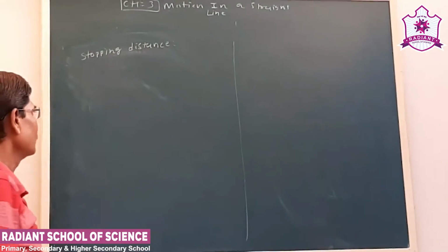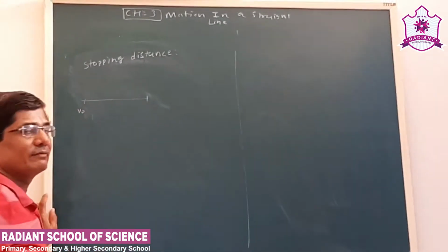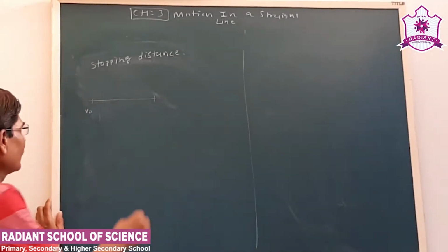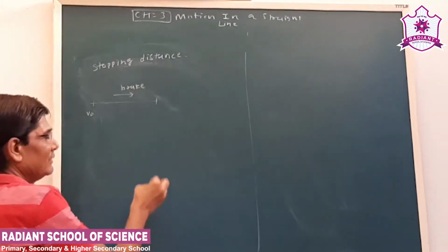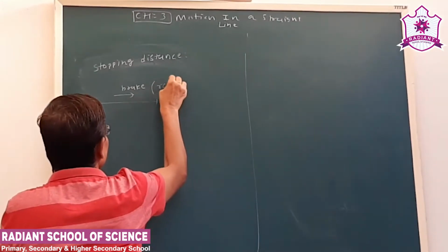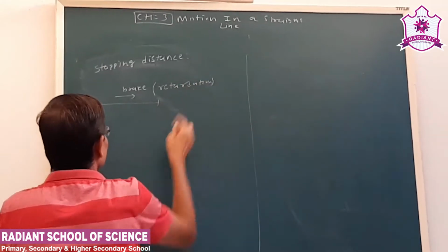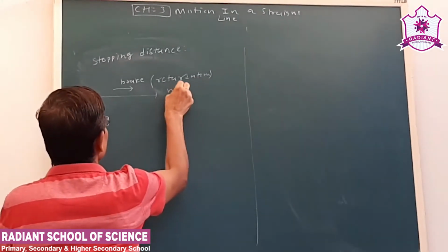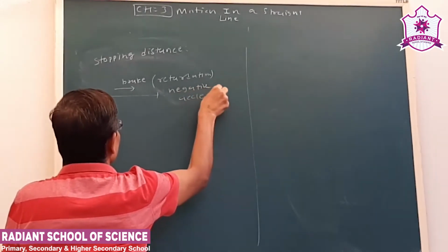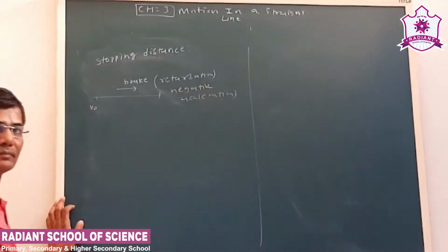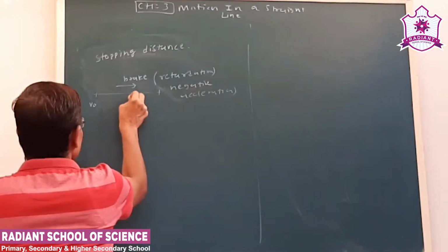Now let us say a vehicle is moving with a speed, let us say v0. Now by applying brake, we are applying retardation. Acceleration is denoted as a, retardation we denote as minus a.